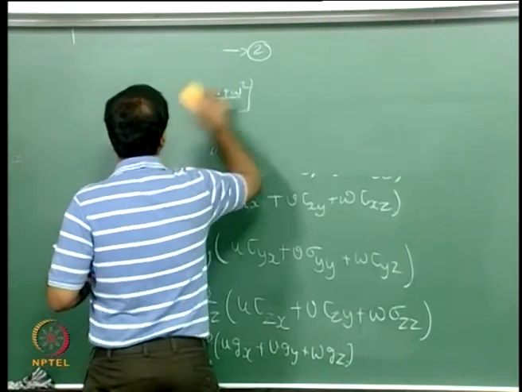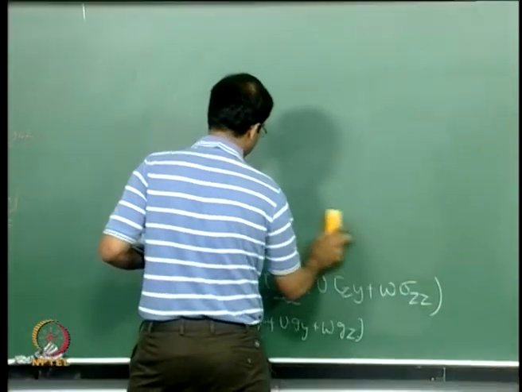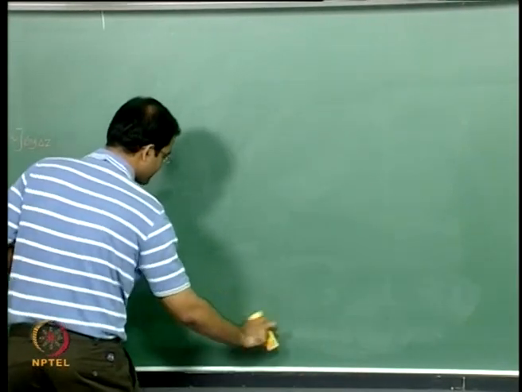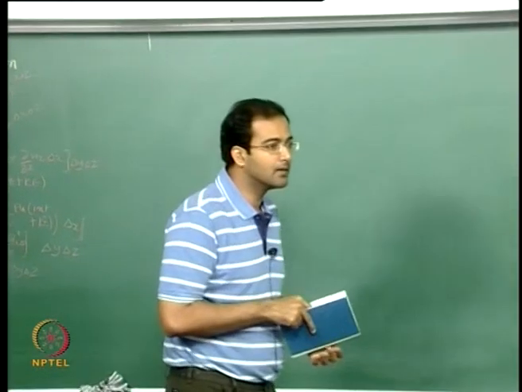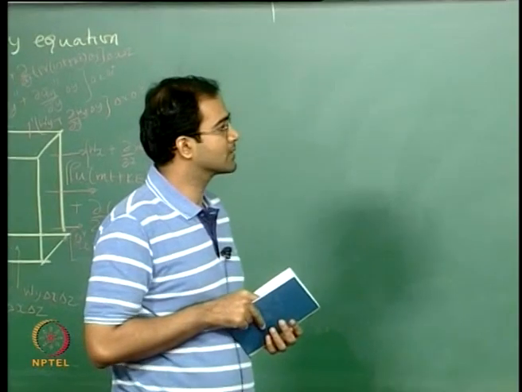Still you have some unknowns on the right hand side, right? You have terms related to your stresses which have to be closed. Now how do we close those terms? Stokes hypothesis, yes.